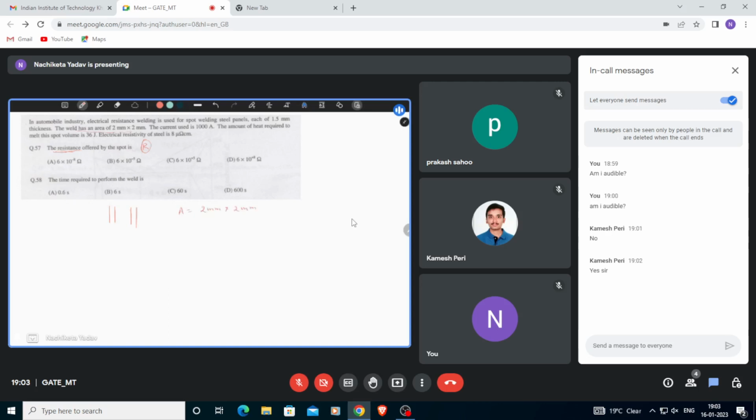The current used is given as 1000 ampere, and the amount of heat required to melt this spot nugget is 36 joule, while the electrical resistivity of the steel is 8 micro ohm centimeter. So what will be the resistance? How will we calculate? Anyone?